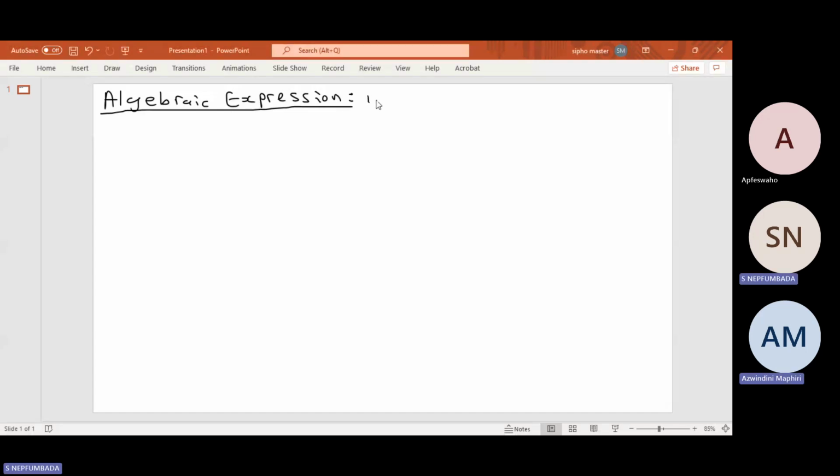Okay, I was talking about this algebraic expression. Did you see the trick that I just marked there? Yes. I was saying the terms that you learned in grade 8 are separated by plus or minus.